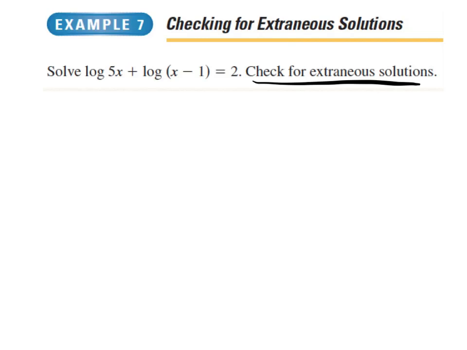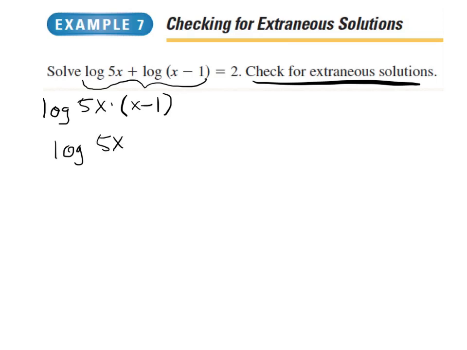Okay, so we need to condense these two logarithms and say, well, log of 5x times x minus 1. Again, that's because two logarithms were added together, and now we need to multiply those two. Alright, so we have log of 5x squared minus 5x equals 2.